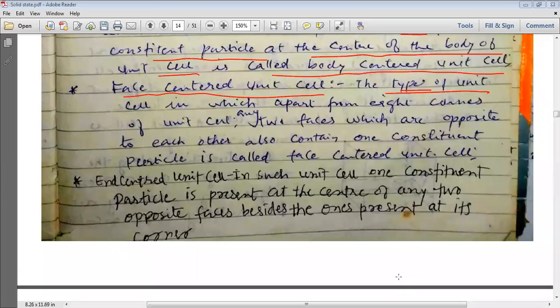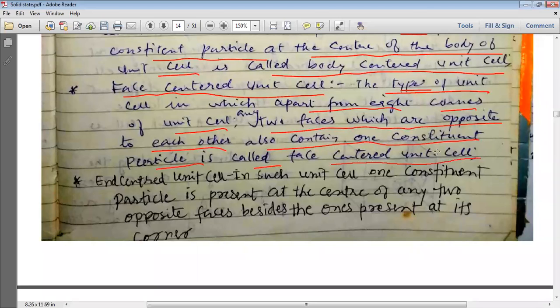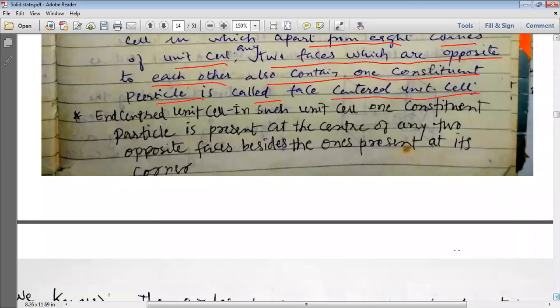The type of unit cell in which, apart from the 8 corners of the unit cell, any 2 faces which are opposite to each other also contain one constituent particle is called the face-centered unit cell. We will study them one by one with the figures. Now we'll study about the end-centered unit cell.